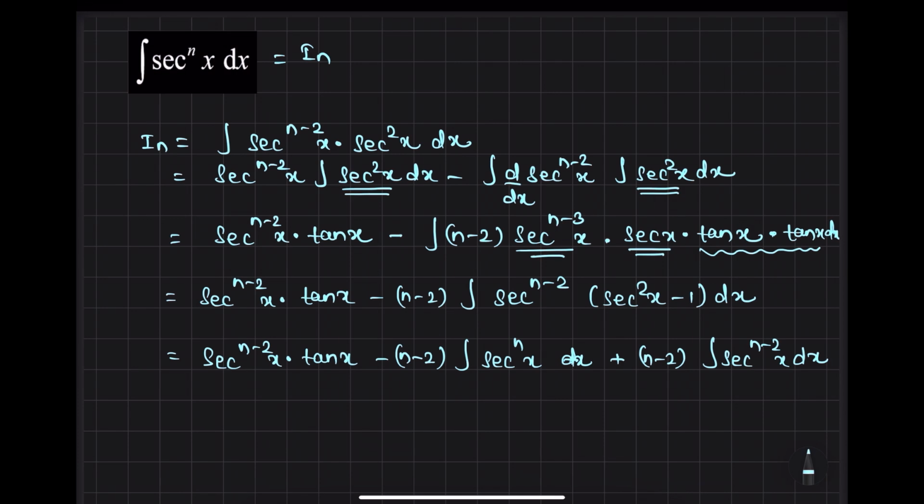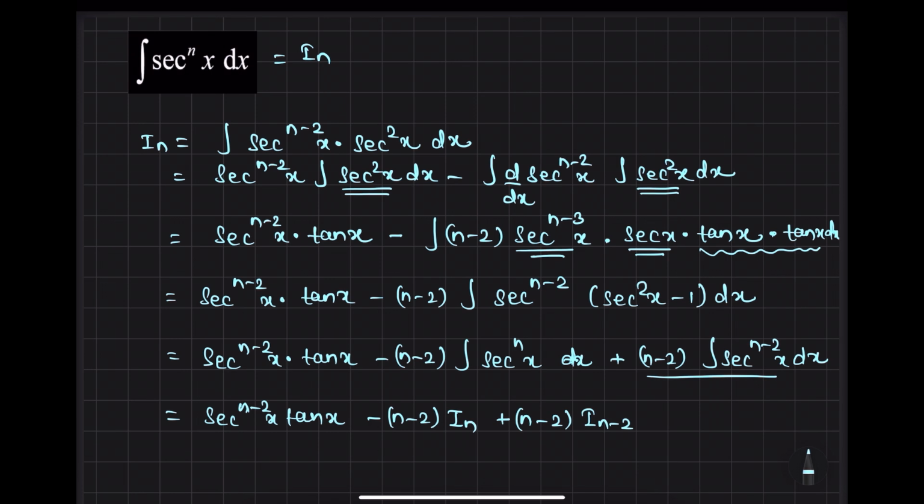Now write down the general form. So it is sec power n minus 2 x tan x minus n minus 2 I of n, plus n minus 2 and then I of n minus 2.